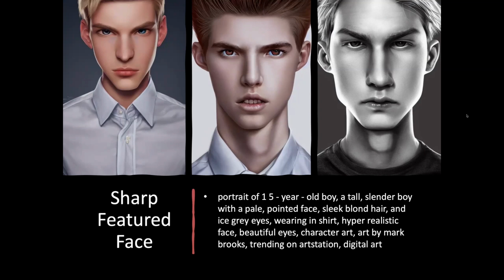And yes, I do get the feeling that a sharp featured face, these angular features, provide perhaps a threat or a sense of a villain. But even more so when the eyes are also angular, perhaps a little bit narrowed as well.